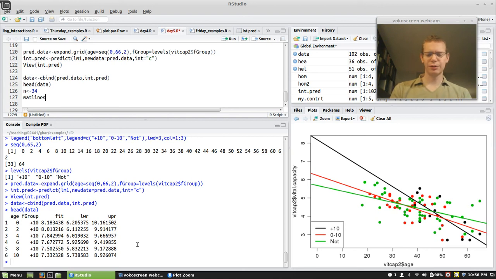We want to add lines here, and what we want to use is pred.data$h. Maybe you can actually do this smarter.